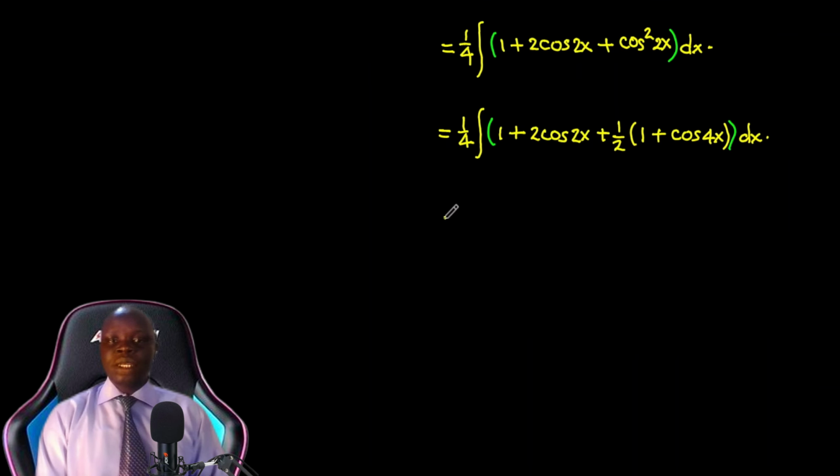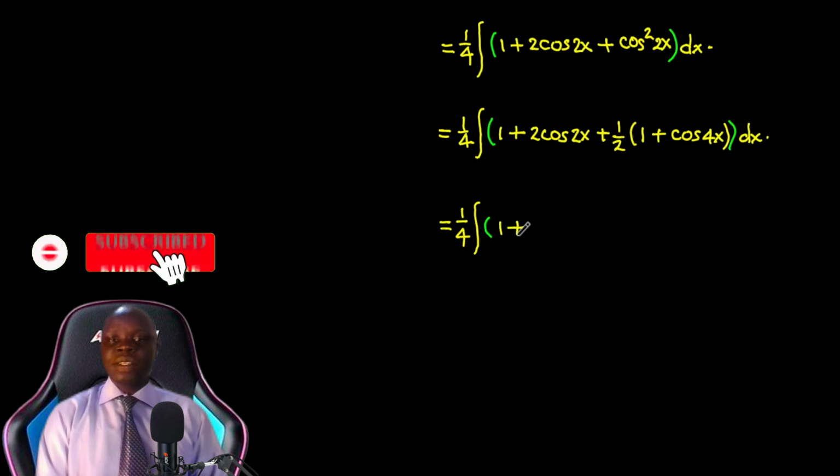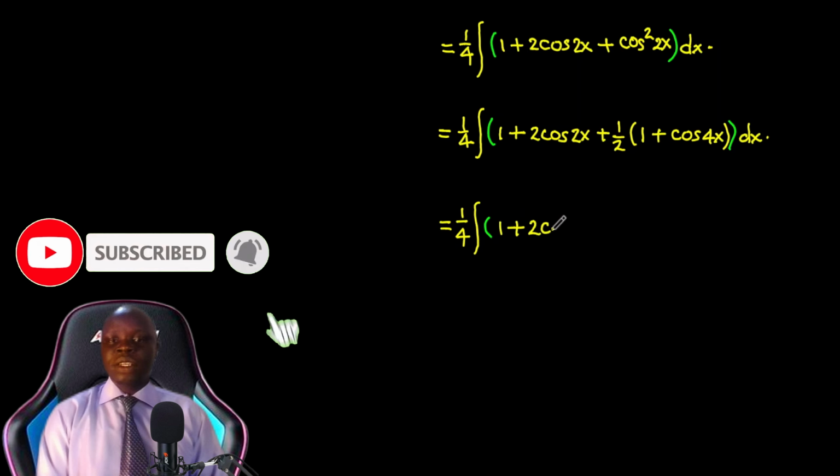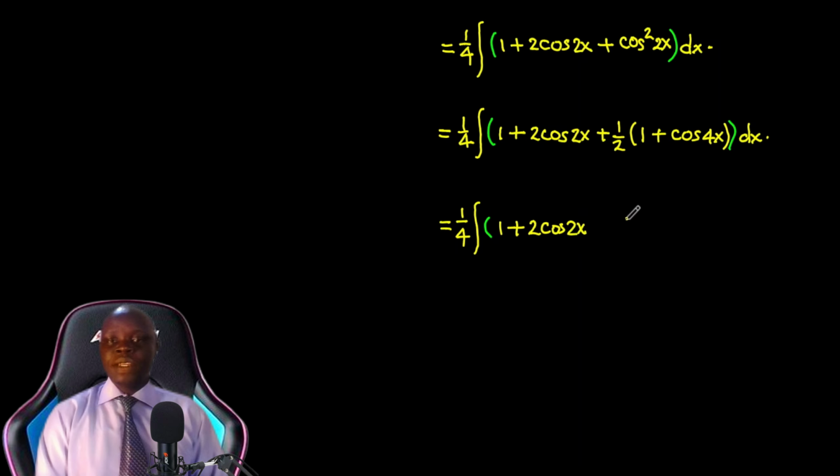So here, let's keep on maintaining our 1 over 4 outside here, and our bracket is still waiting for us. We have the first term, that is 1 plus 2 cos of 2x.